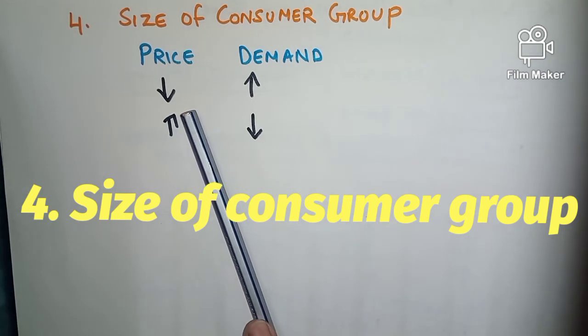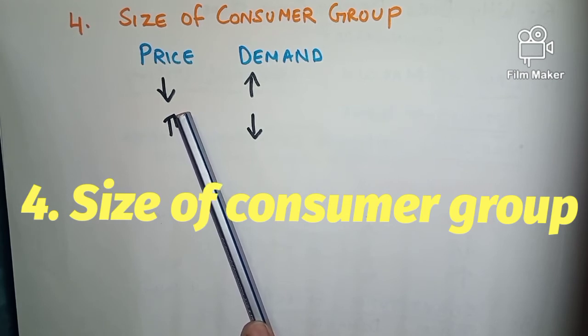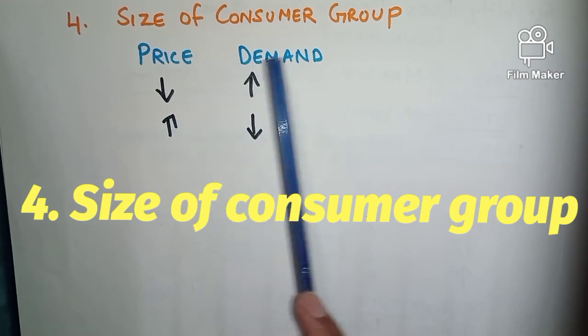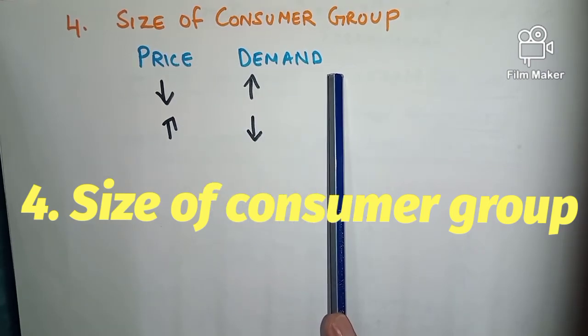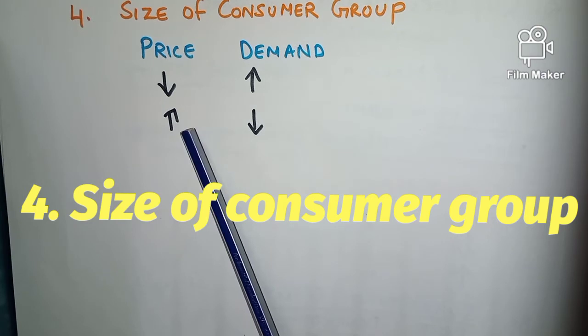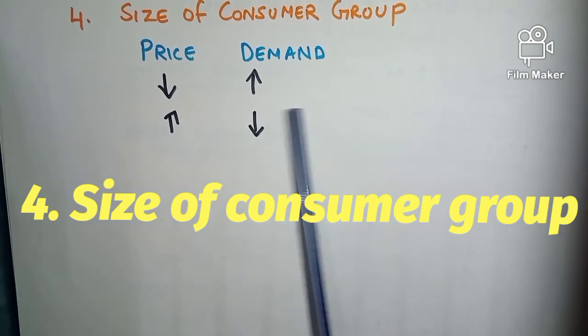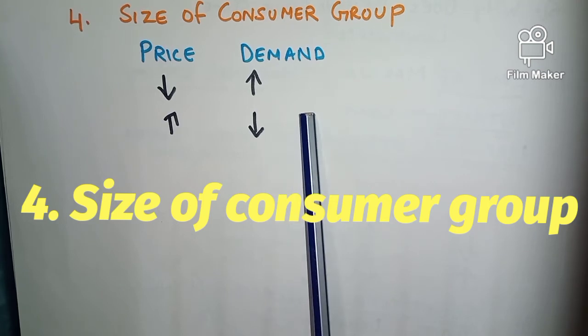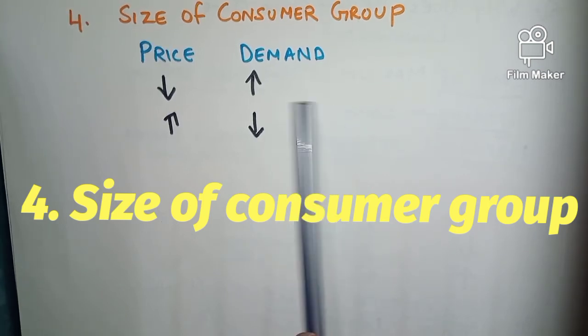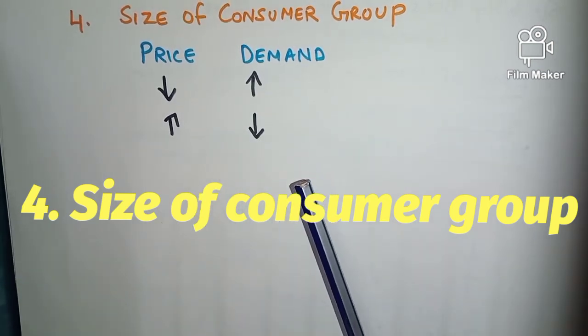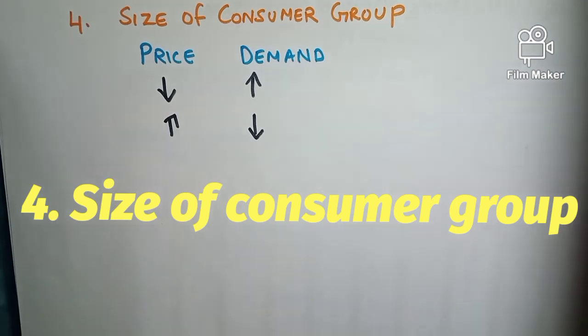So this is a very important factor which leads to the slope of the demand curve, that is, size of consumer group. Okay, when the price rises, then some of the consumers will withdraw from the market and thus their demand will fall. Okay, so in this way change in price is followed by a change in the size of consumer group.